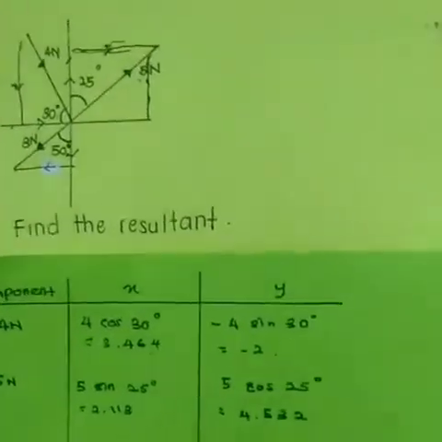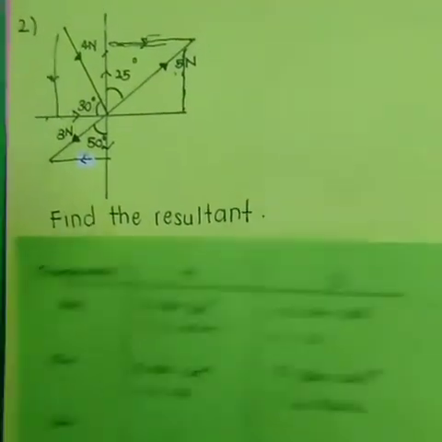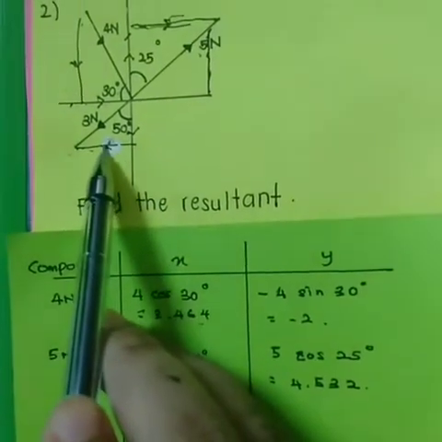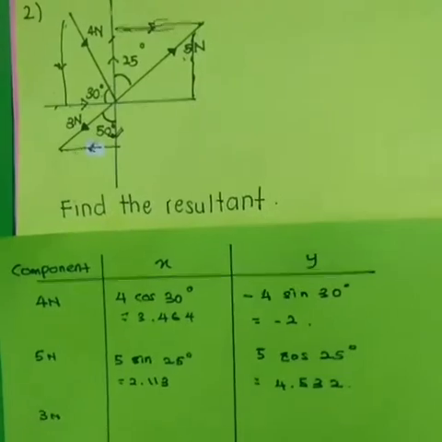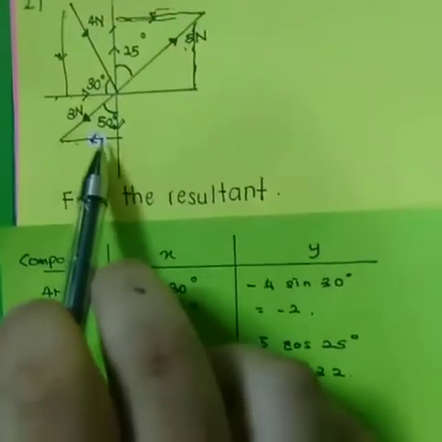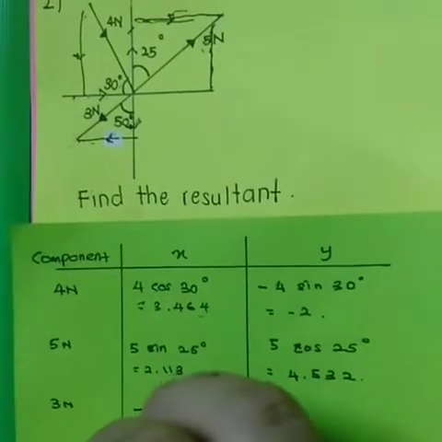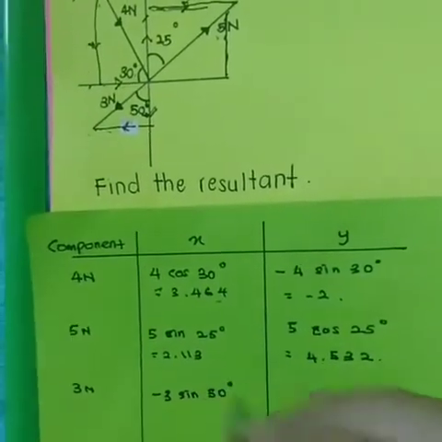4.532. So for the last one, it's 3 Newton. We need to put this for left arrow and downward arrow. So for the x-axis, which is here, we need to put -3 sin 50.